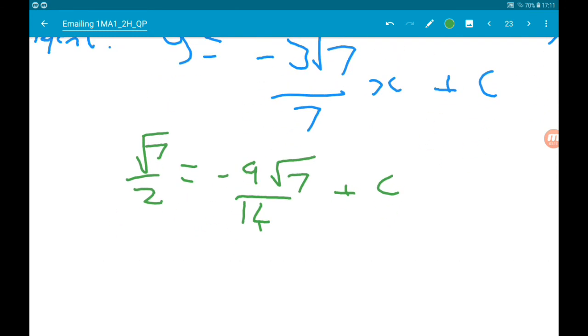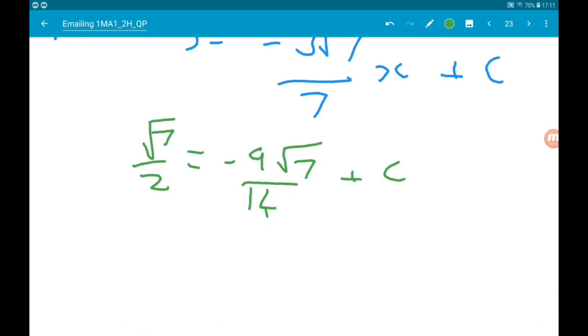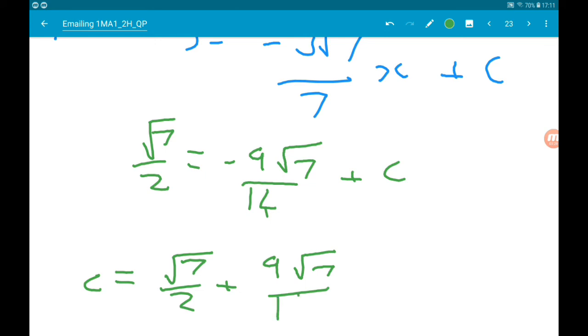So, this question is ridiculous. c is root 7 over 2 add 9 root 7 over 14.